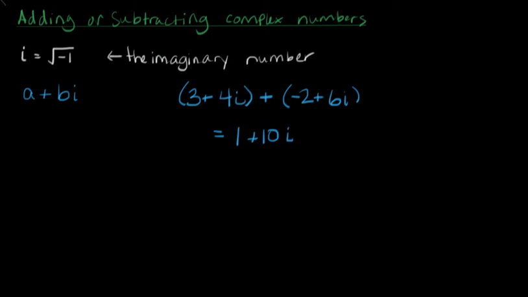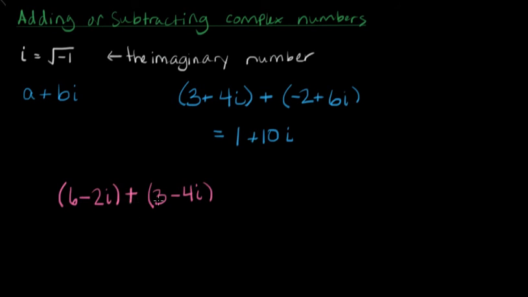Let's go ahead and try one more example of subtracting. So we have 6 minus 2i minus 3 minus 4i. Okay, so for subtracting, the first thing I like to do is just distribute the negative into the parentheses.